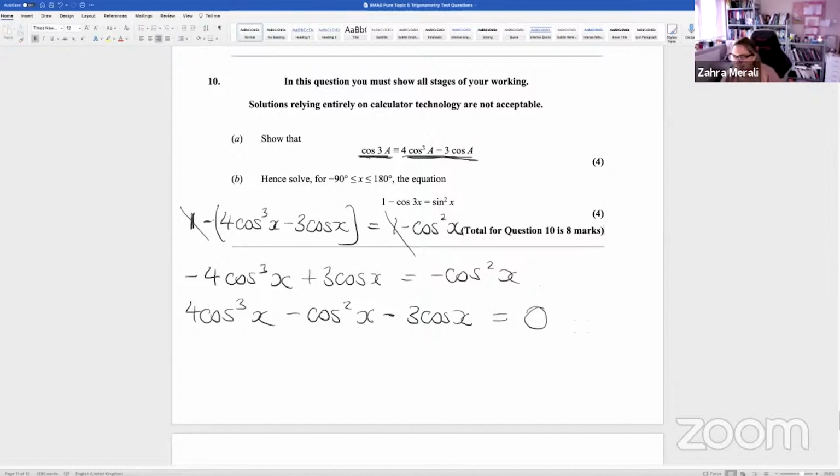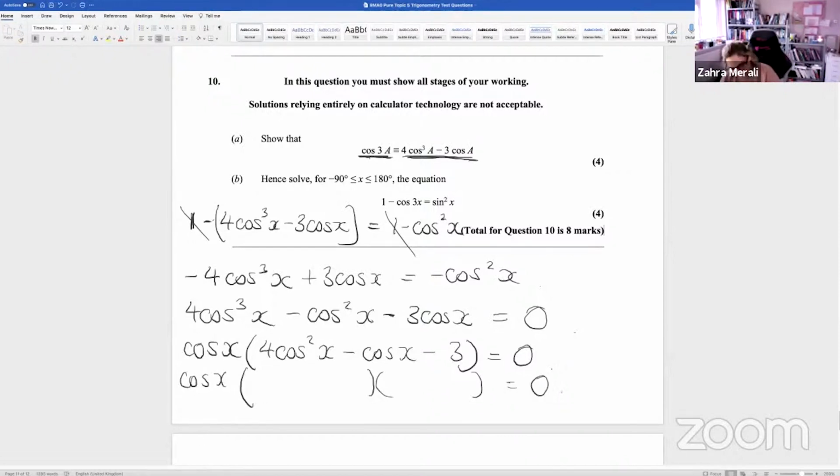You can literally plug this into your calculator as a cubic if you needed to. If your calculator doesn't let you, take cos x outside the bracket. You've got 4 cos squared x minus cos x minus 3 equals 0. And then you can factorize the bracket in terms of cos. And you've got 4 cos x plus 3 and cos x minus 1.